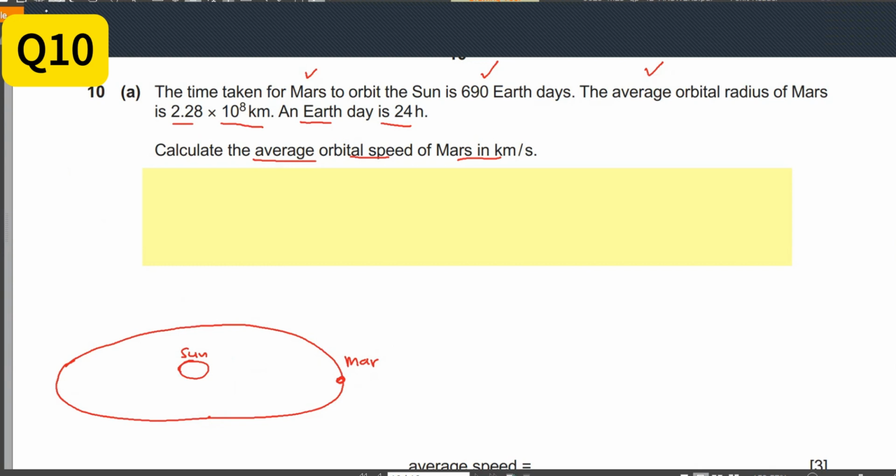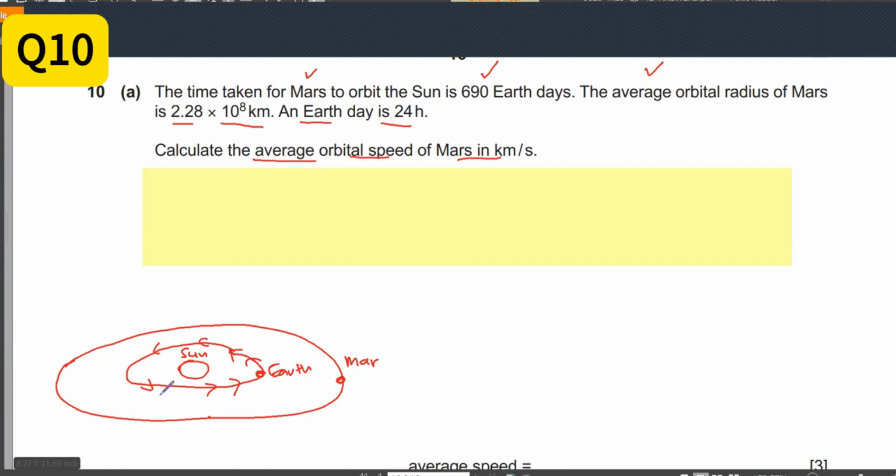And then we know the Earth is somewhere here. The Earth has a smaller radius compared to Mars, which means the Earth will take a shorter time to orbit the Sun.